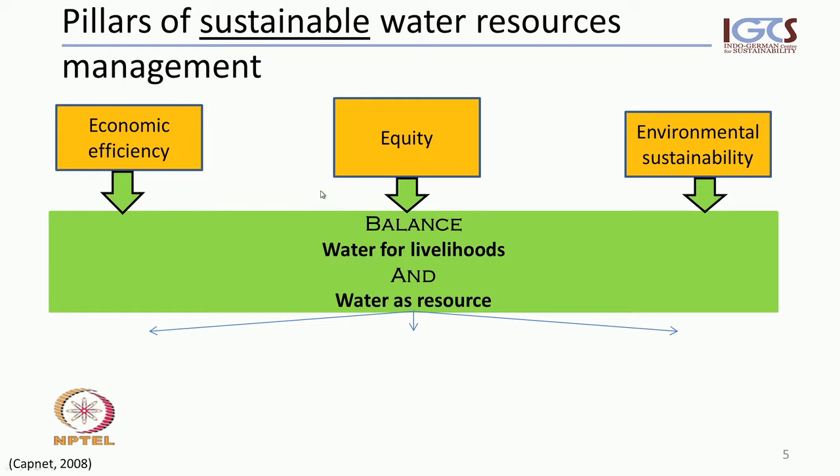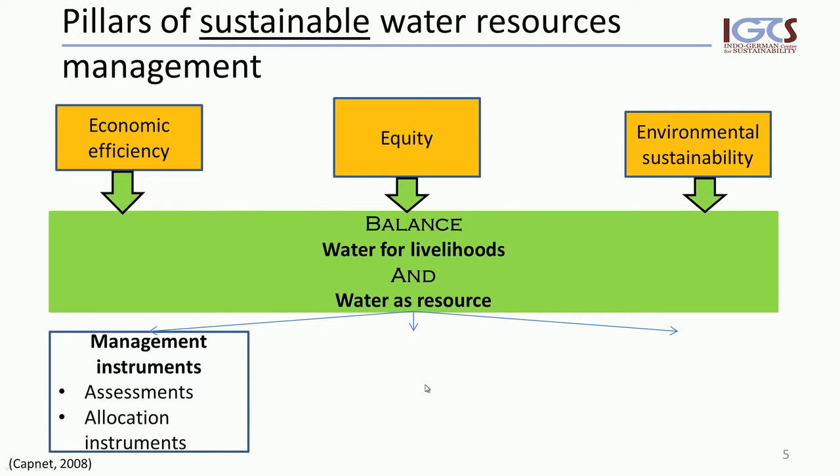And then we have those 3 pillars. The economic efficiency is one, equity is the second, and environmental sustainability is the third. All of them contributing and should contribute in a balanced, equally balanced manner to our major objective here in our green box.